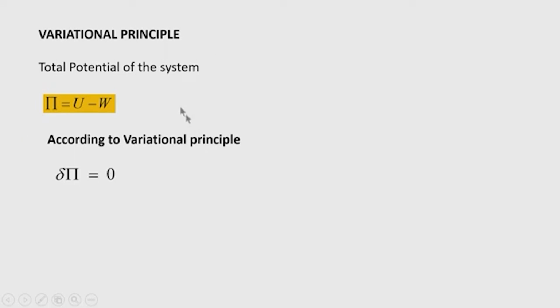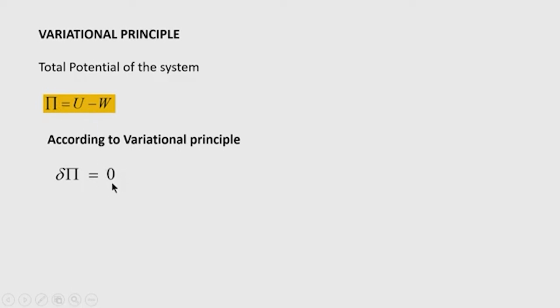Now, based on the strain energy and total potential of the system, we write that total potential pi equal to U minus W. Based on the energy principle and minimization of the total potential energy, it can be written that variation of pi equal to 0. That has immense significance in physical problems encountered in our engineering applications, because this single equation, delta pi equal to 0, represents that the variation of the total potential is 0.